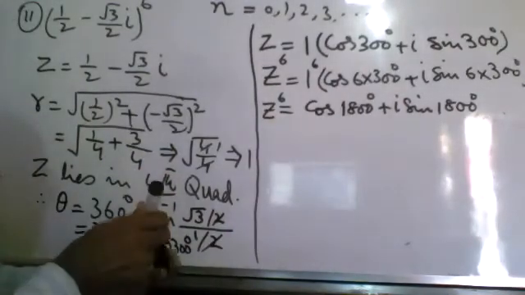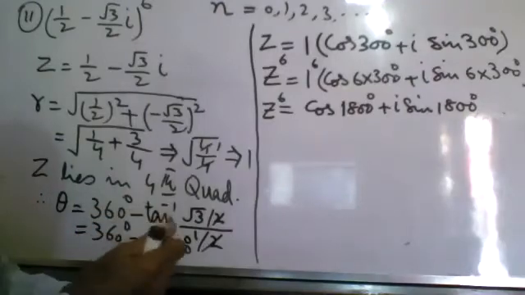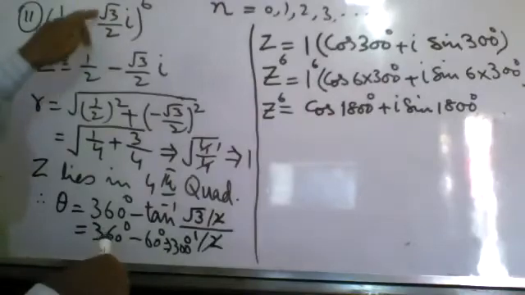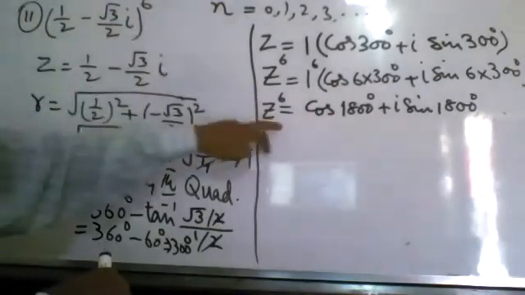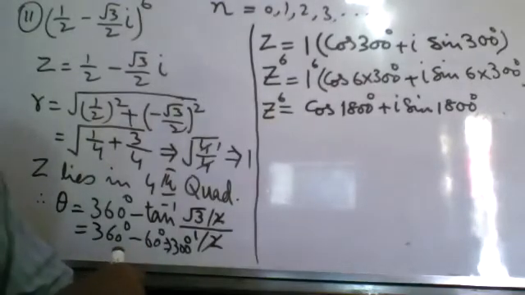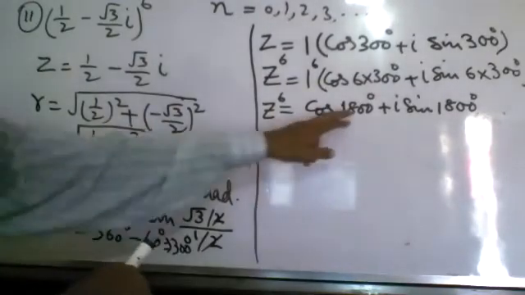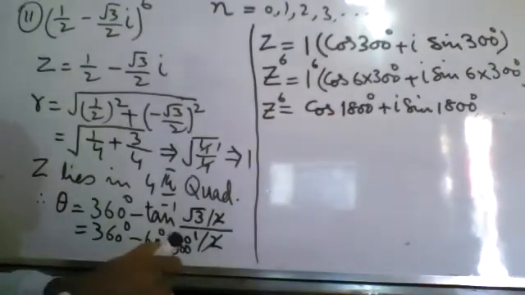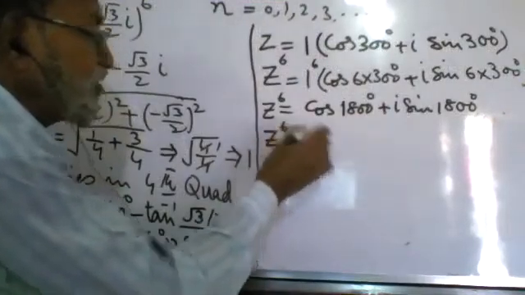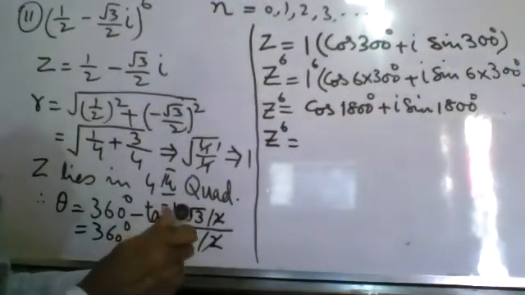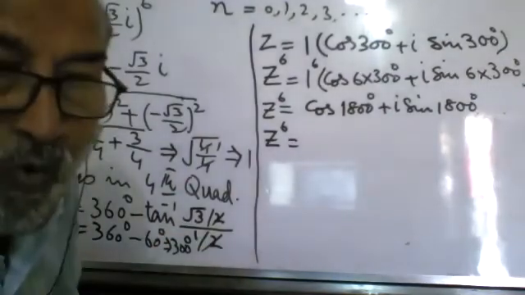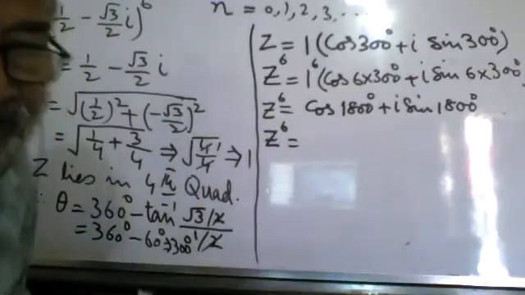This is the answer of Z to the power 6 in polar form. But it is asked to convert into the rectangular form. So put the value of cos 1800 degrees and sin 1800 degrees. So Z raised to power 6 will become cos 1800 degrees. Who will tell me the answer? 1. Nimra, good.